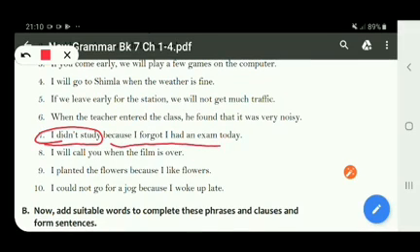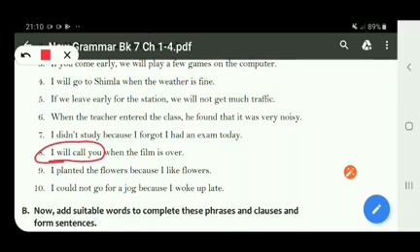Because I forgot I had an exam today is the dependent clause. Eighth one, I will call you when the film is over. I will call you is the independent clause. When the film is over is the dependent clause.